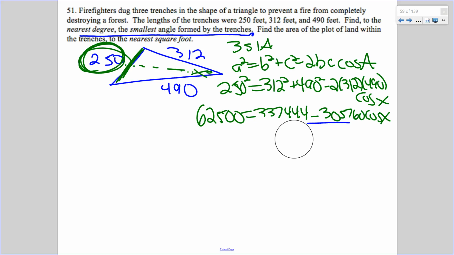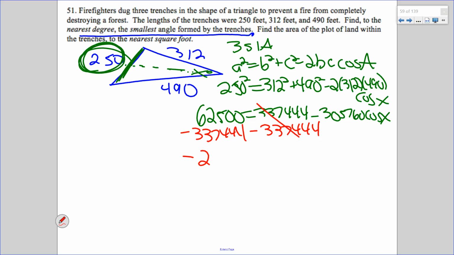I have to isolate. So to isolate, I add or subtract first. I'm going to subtract 337,444. I'm going to use my calculator for that. Negative 274,944 equals negative 305,760 cosine x.